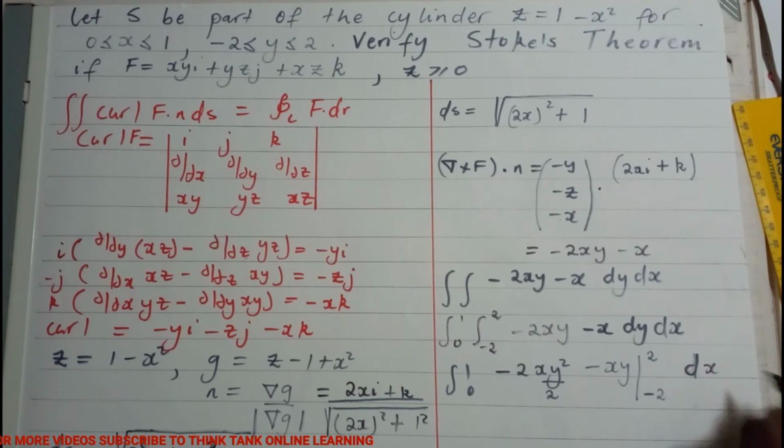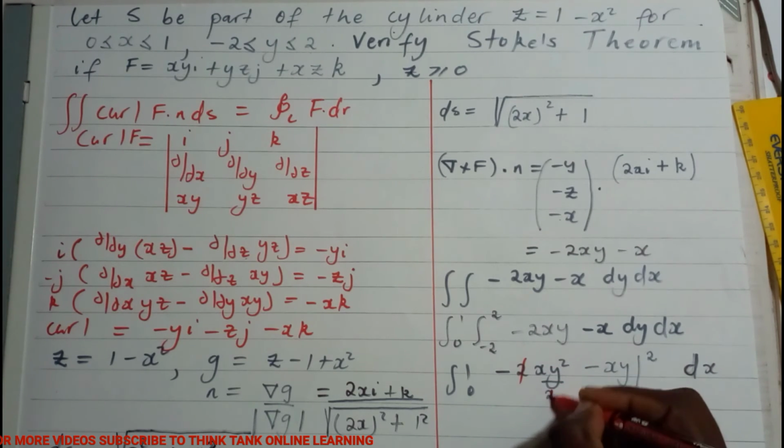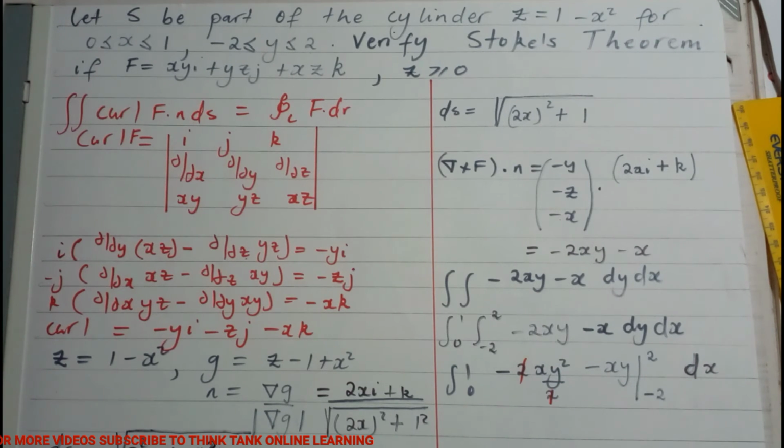Okay, dx. Okay, so now what we're going to do is that, okay, you should know this and this will cancel. Okay, so I'm just going to say the upper bound minus the lower bound. Okay, so the upper bound is 2, the lower bound is negative 2.